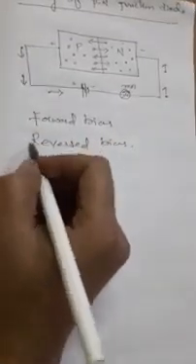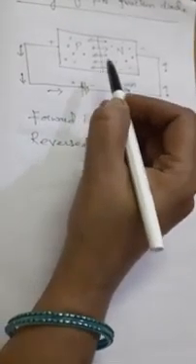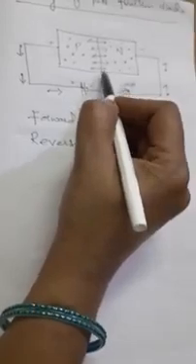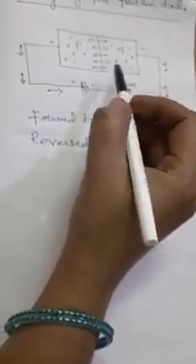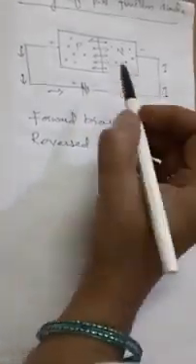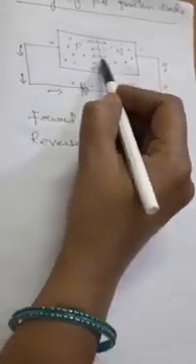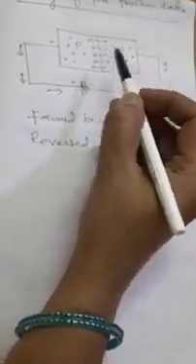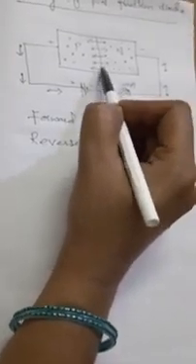Forward bias means when external voltage is applied to the junction in such a way that it cancels the potential barrier and permits the current flow, then the diode is said to be in forward bias.